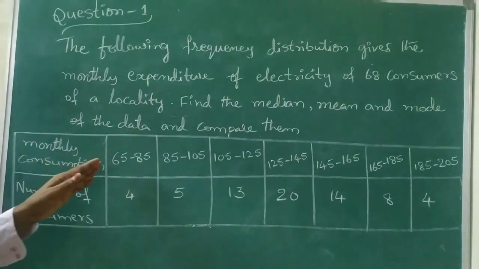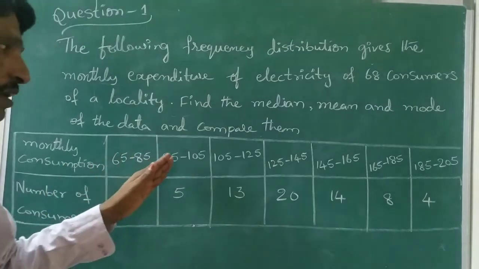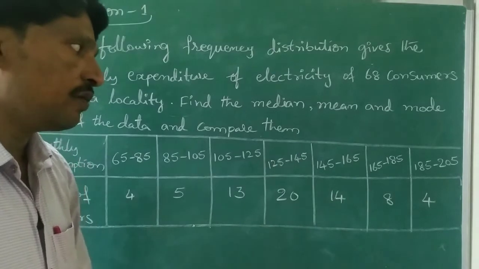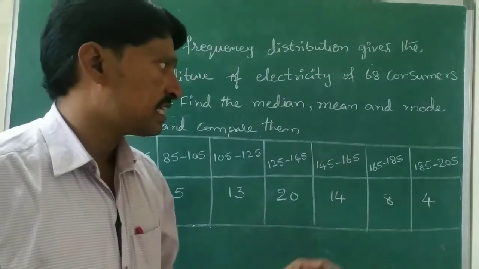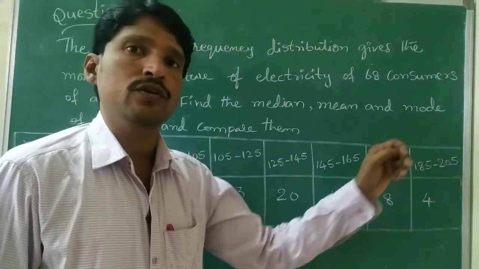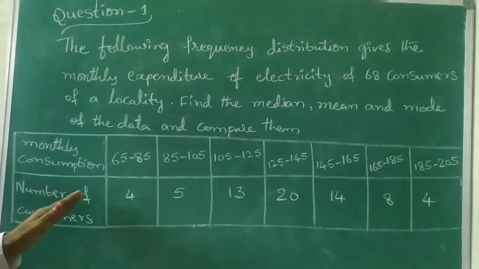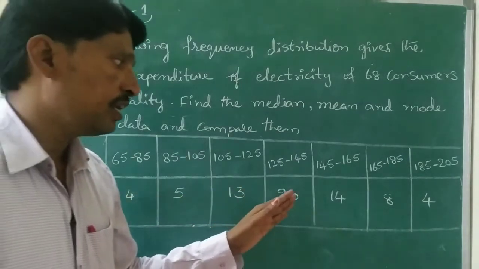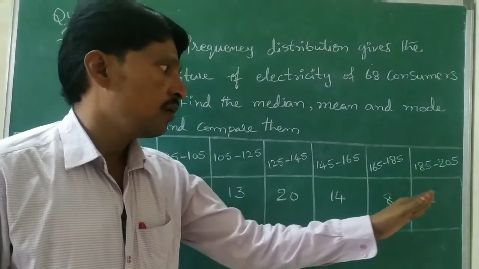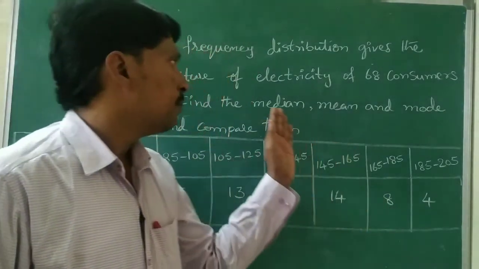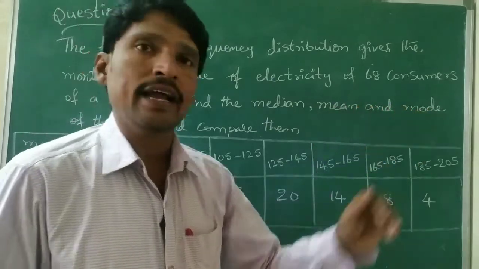Monthly consumption: 65 to 85, 85 to 105, 105 to 125, 125 to 145, 145 to 165, 165 to 185, 185 to 205. Number of consumers: 4, 5, 13, 20, 14, 8, 4. For this problem, we need to find median, mean and mode.